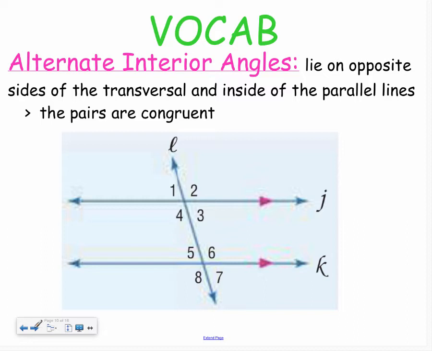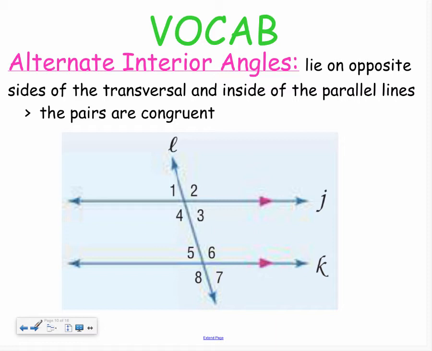Specifically looking at the interior angles, there is a special relationship going on called alternate interior angles. So we're looking just at the interior angles, and we are looking for the ones that lie on the opposite side of the transversal.